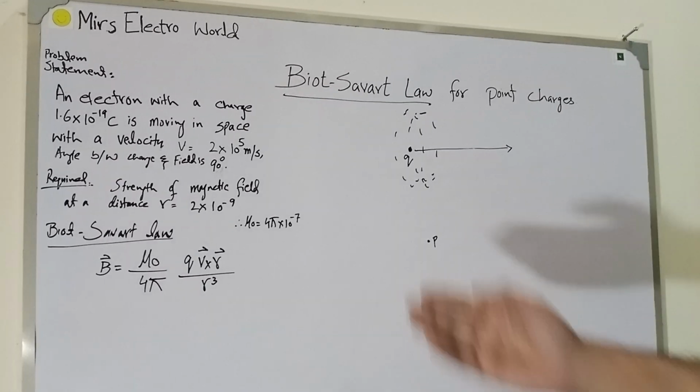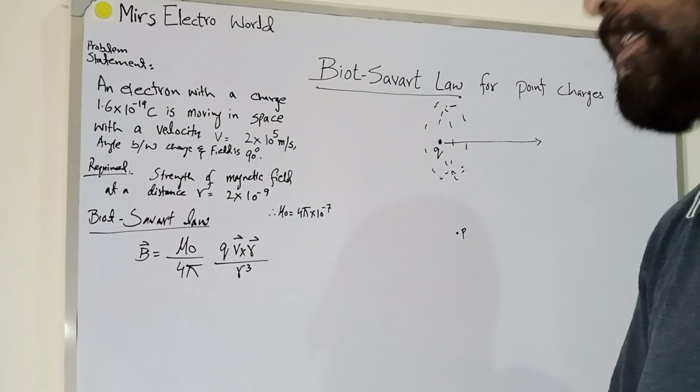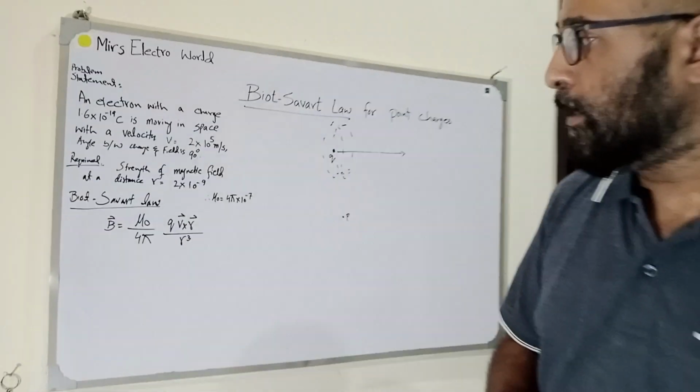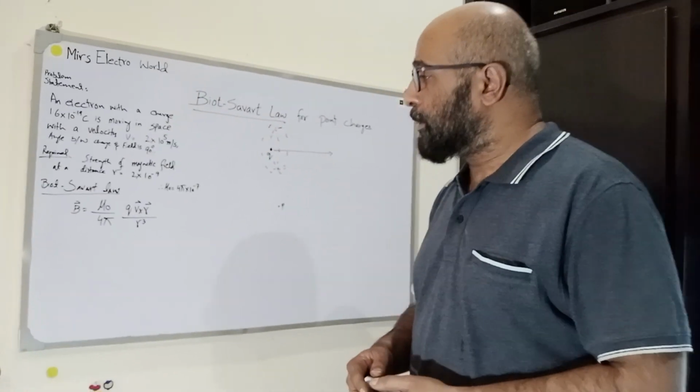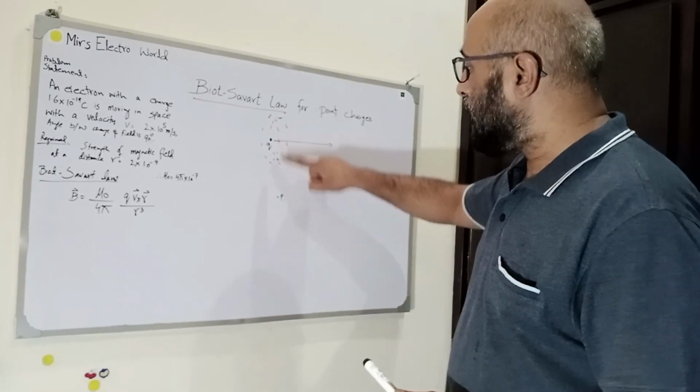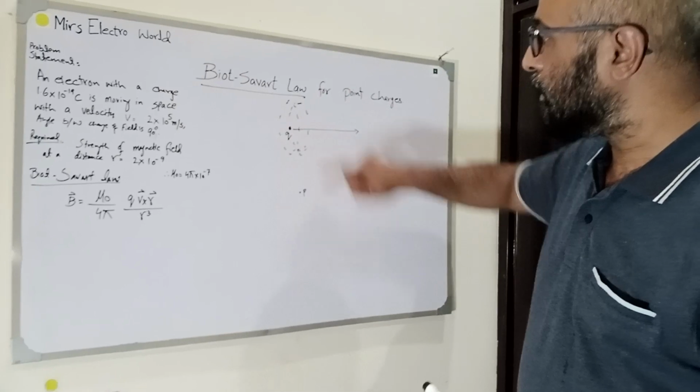For that purpose, we are using the Biot-Savart law, put forward by two scientists, and it's very useful to calculate the magnetic field at a distance from the moving subatomic particle.